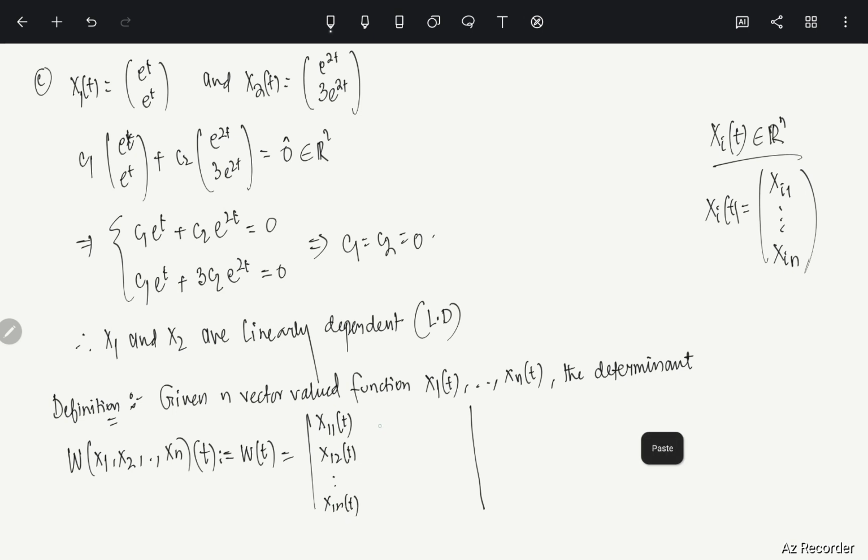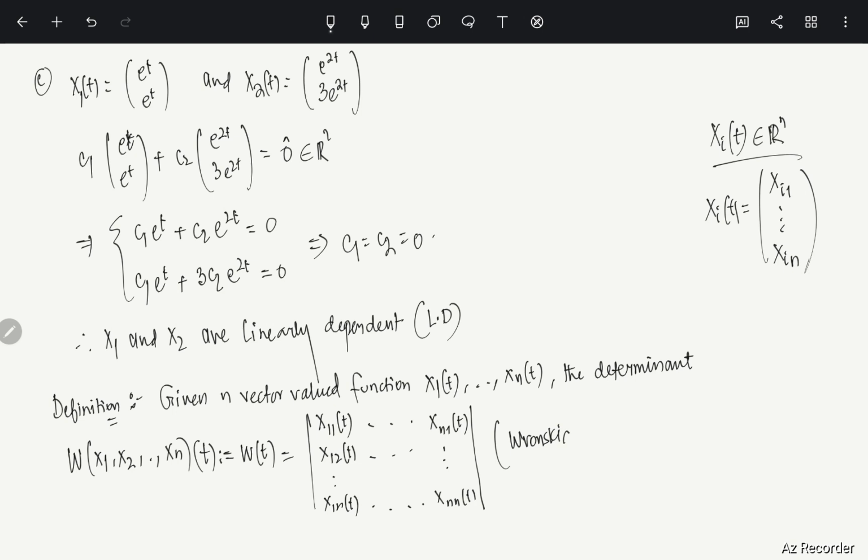Okay, and this goes on, and then this is again xn1 of t, and ..., xnn of t. So you put x1 in the first column, x2 in the second column, like this. It doesn't really matter if you do it the other way also, since we are dealing with a determinant. But anyway, essentially this is called the Wronskian. So this is called the Wronskian.